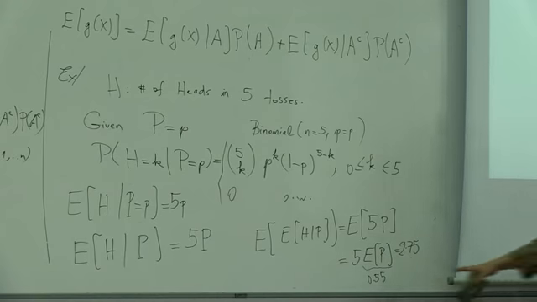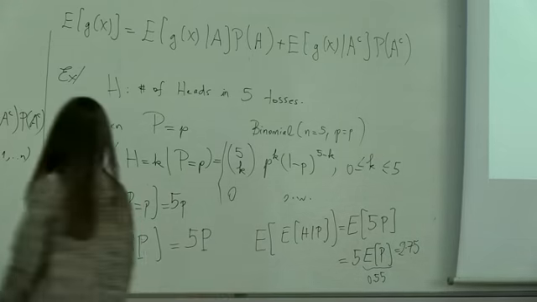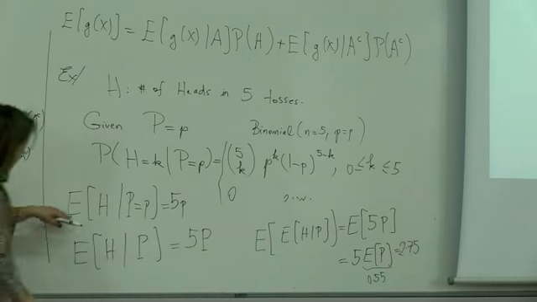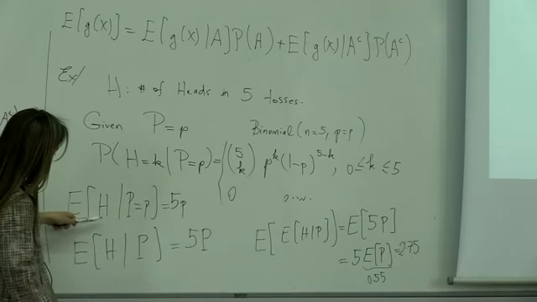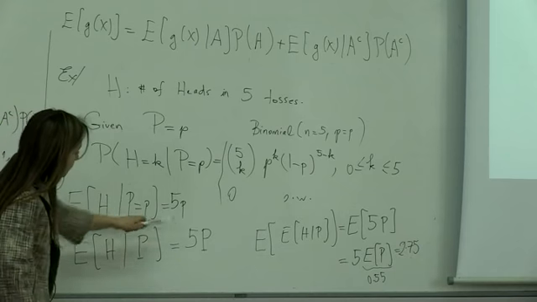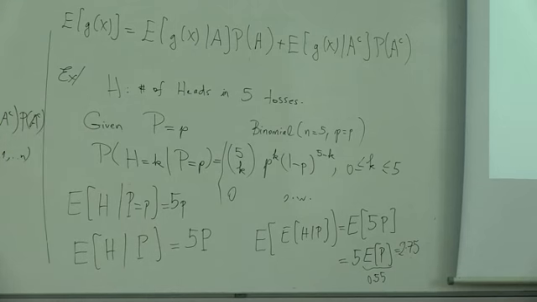Now, we did this one way by writing the expected value of H in terms of the random variable P. Now, I would like to use the integration expression that we wrote earlier today.